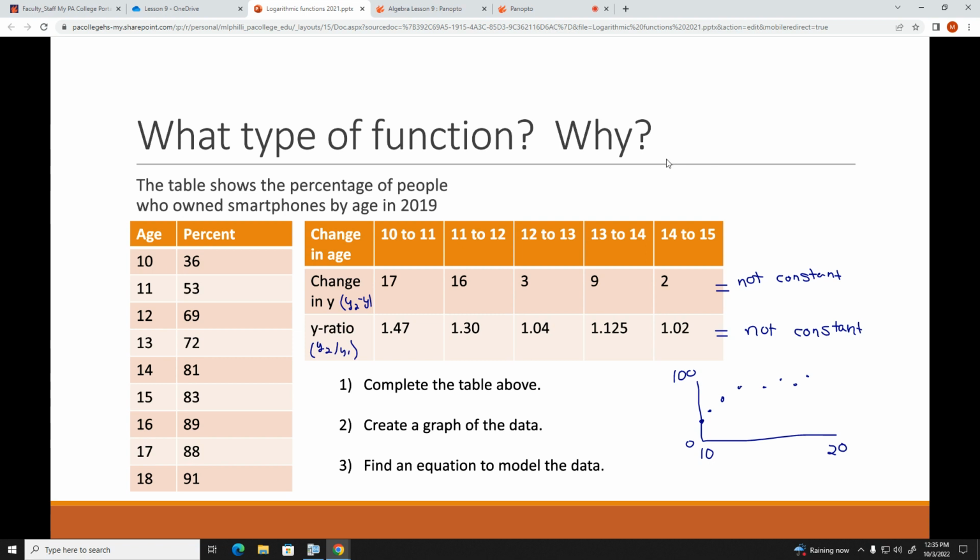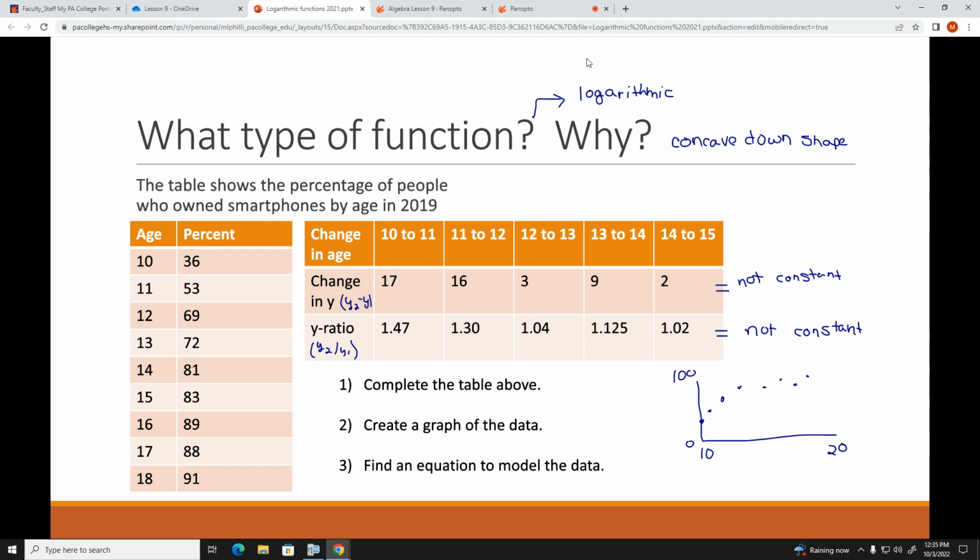Well, what I observe is that I have a concave down shape. Because of that, the graph that is concave down that we've studied is logarithmic, and that produces a concave down shape.